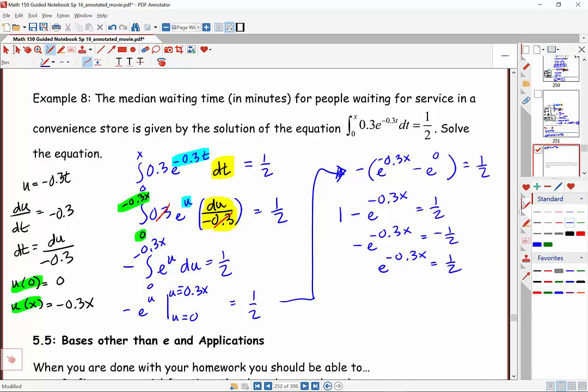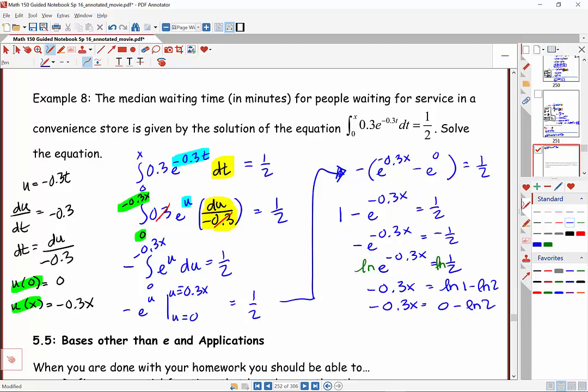Natural logging both sides, we will have negative 0.3x is equal to natural log of 1 minus natural log of 2. Negative 0.3x is 0 minus natural log 2.